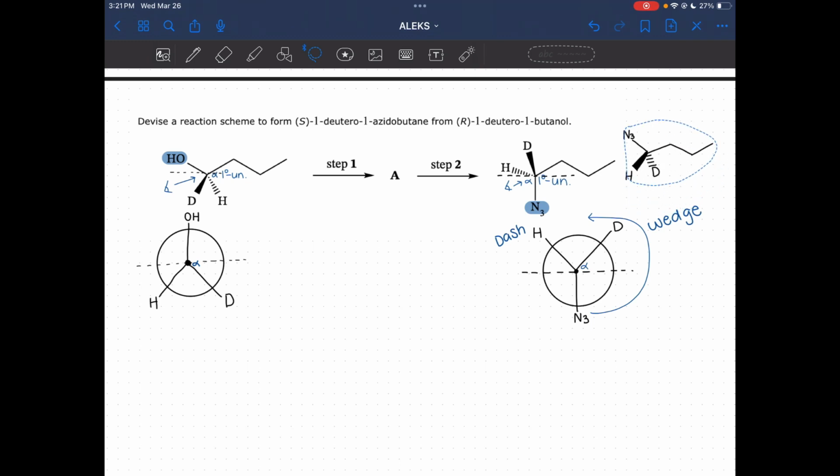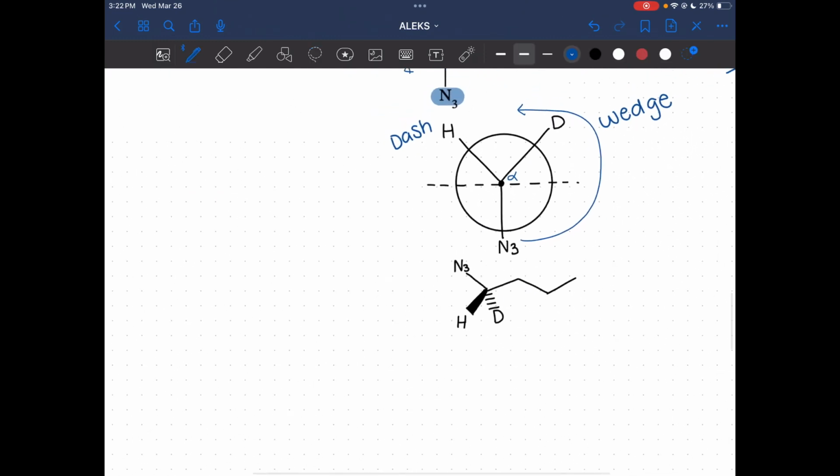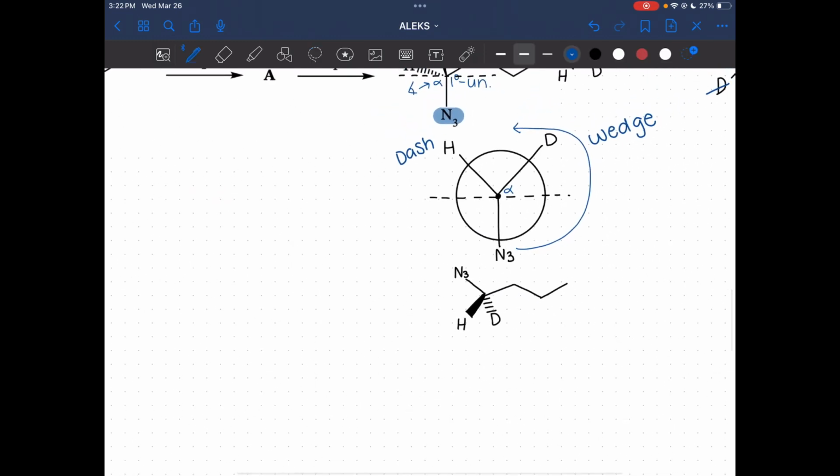If I'm going to now look at this new orientation of the final product that I made, I am going to identify what this N3 that we added is and what the deal with it is. This is going to again come into identifying what type of nucleophile it is and determining the mechanism that likely occurred. So N3, this is going to be a really weird one.